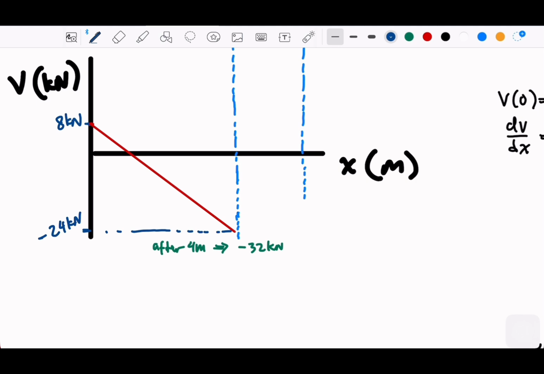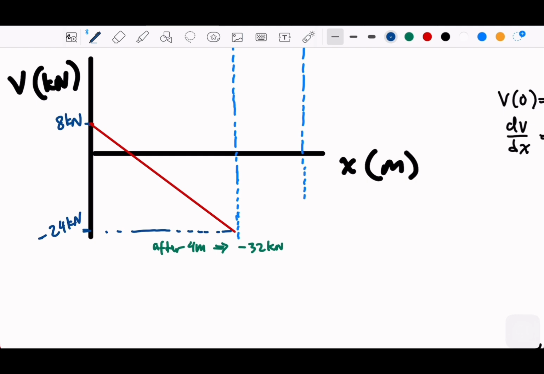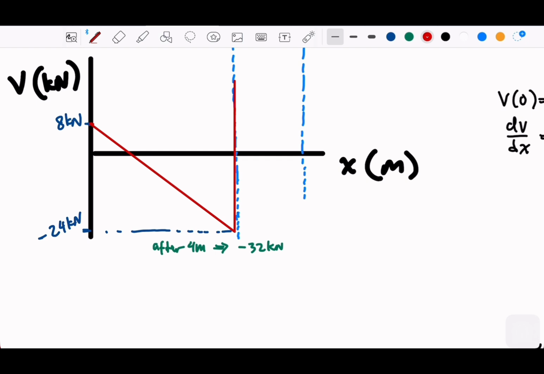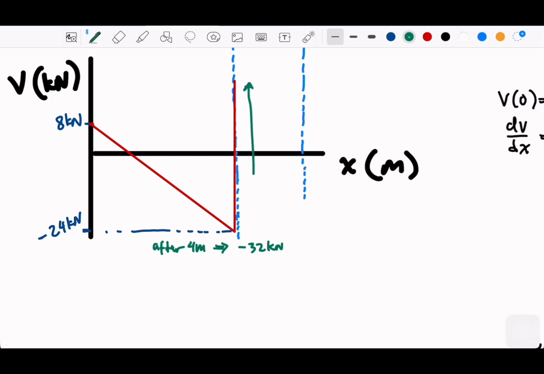And then we are still at B. At B we have positive 40. So plus 40, so it goes up. It goes up 40 kilonewton, let's say here. I think that's better. So this part here, we can say this is 40 kilonewton.